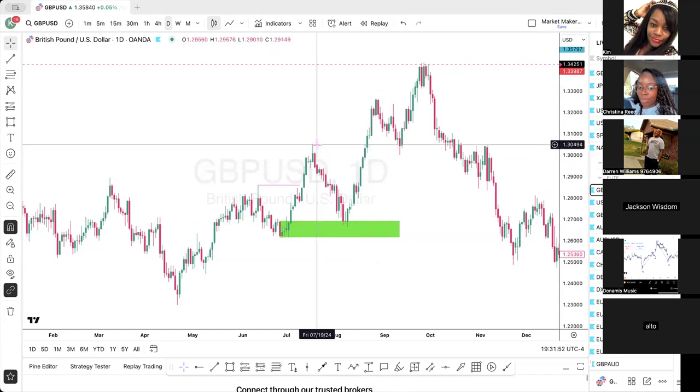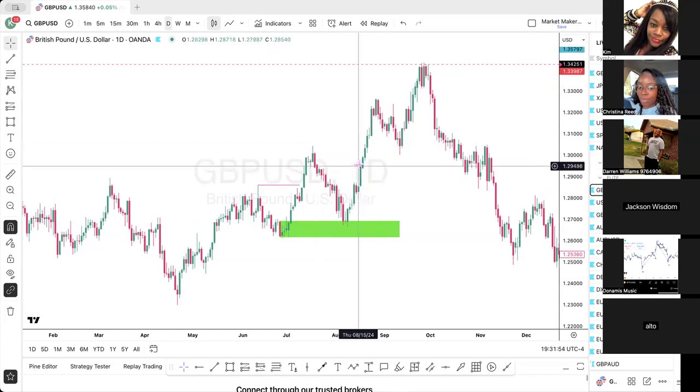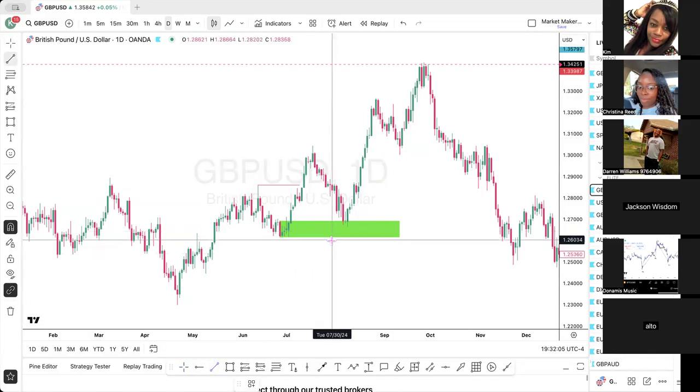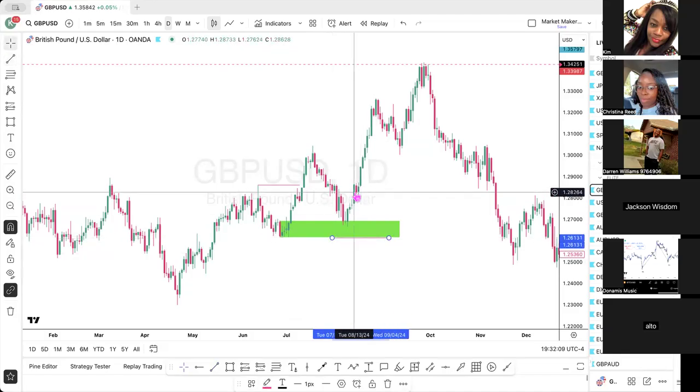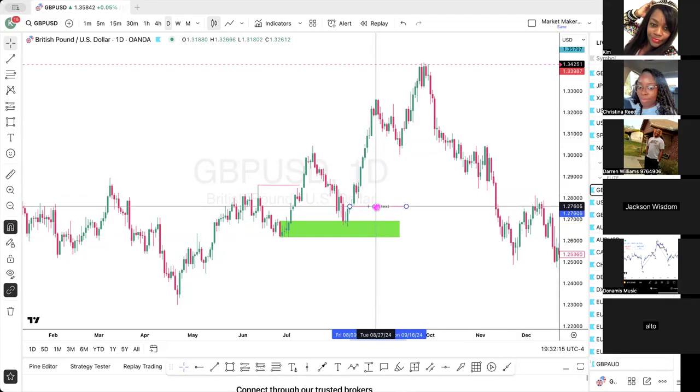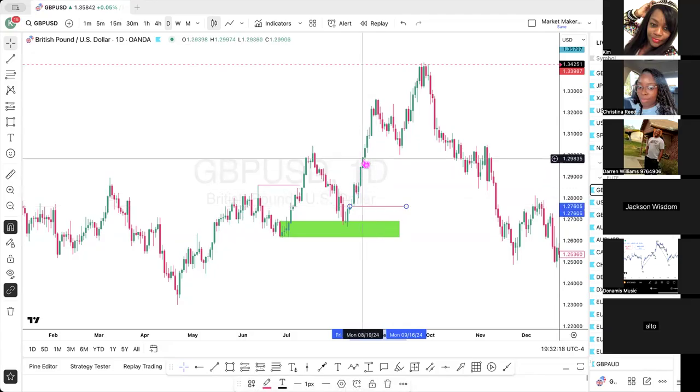So you can either take your profit here, or once price is giving you all these bullish candles, you can just trail your stop loss. Say your stop loss is here initially, and then you get this pullback and then this bullish candle. So then you move your stop loss maybe right here. And then you get another bullish candle.